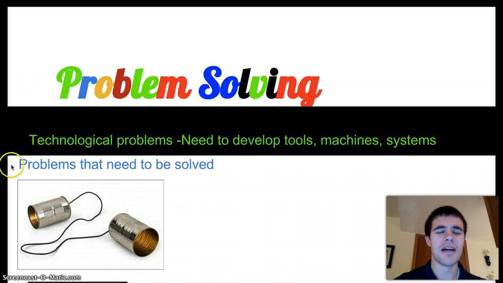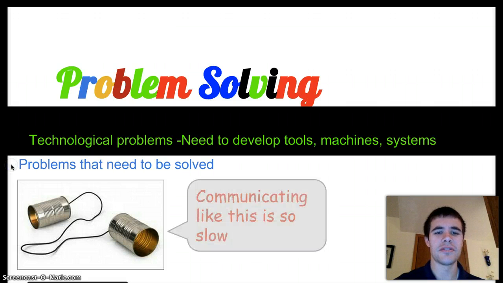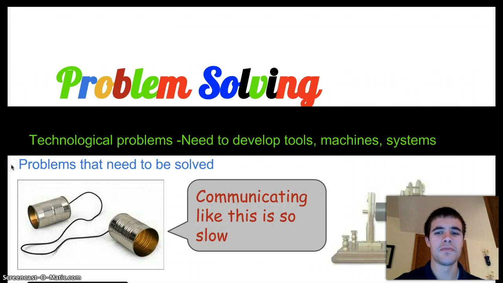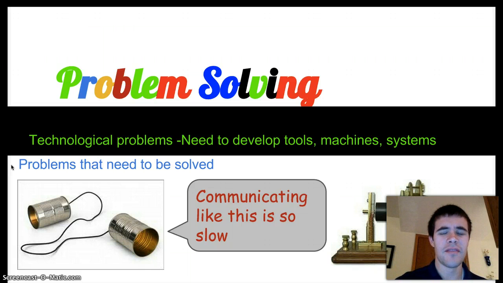That is not very good communication. It's very slow. And so somebody developed a machine, this telephone. Here, this is one of the first telephones. And so it solved the problem: how do we actually communicate across long distances quickly?